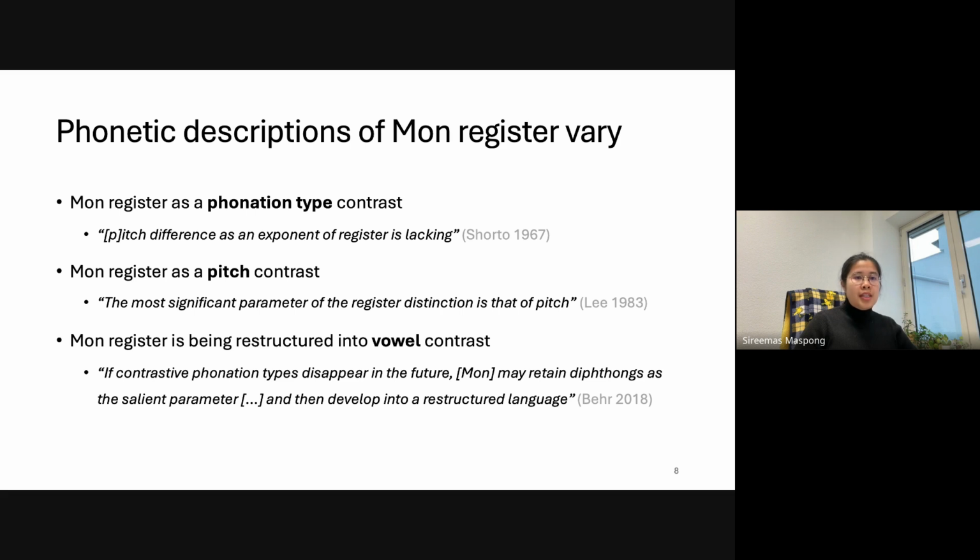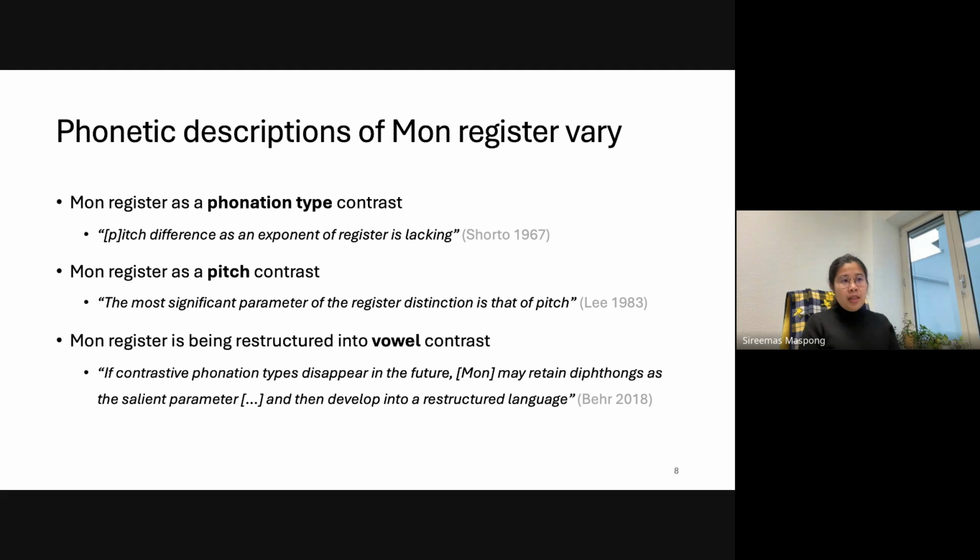The first description says that Mon register is a phonation type contrast. For example, Shorto in 1967 said that for Mon register, pitch difference as an exponent of register is actually lacking. So no pitch difference. Some studies say that Mon register is actually a pitch contrast. For example, Lee in 1983 said that the most significant parameter of the register distinction in Mon is that of pitch.